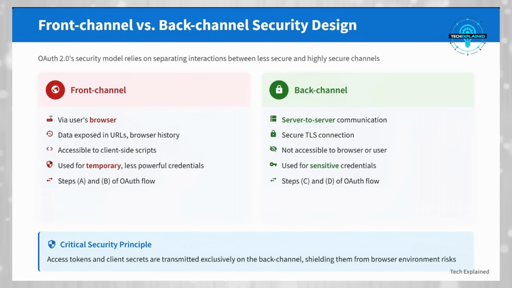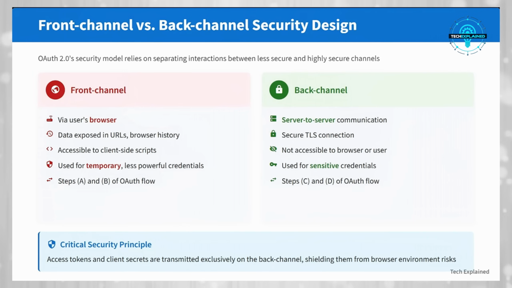In OAuth 2.0, the front channel is used for steps that involve browser redirects, like the initial authorization request and the delivery of the authorization code. These are temporary, single-use credentials that have limited power if intercepted. The back channel, on the other hand, is the secure path: direct server-to-server communication over TLS.